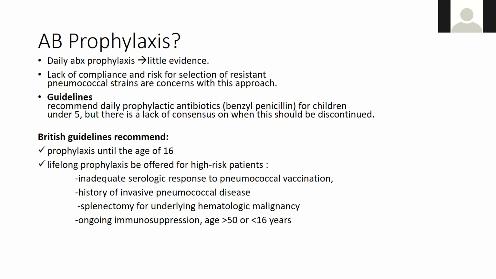Those high-risk patients are those who have immunosuppression, are above the age of 50 or less than 16, or have an underlying hematological malignancy for which they had undergone a splenectomy. They also test the serology responses after you take these vaccines. If you don't have an adequate response, they recommend you be on this antibiotic prophylaxis. But as I said, the duration is still not very clear in the literature.